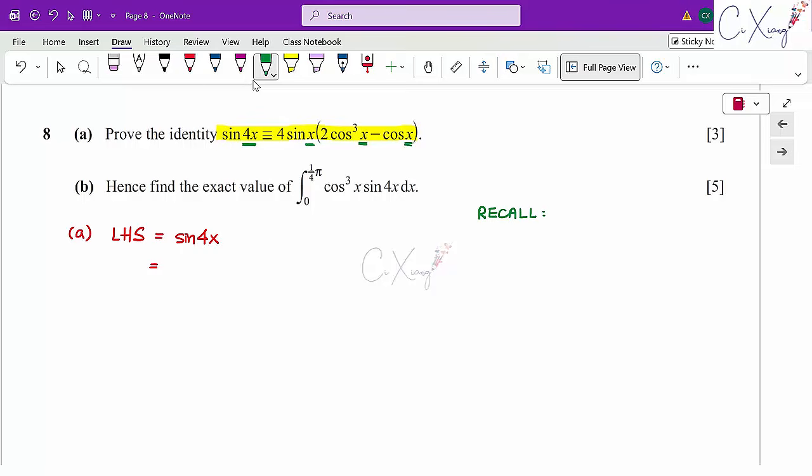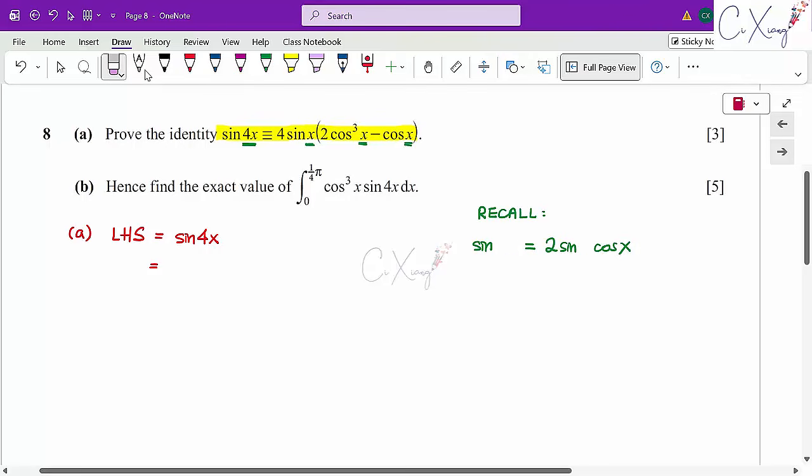Let's recall the identity that we are going to use for this case. We have the double angle for sine 2x. If you want to expand sine 2x, you will get 2 sine x cos x. But in our equation, on the left hand side we have sine 4x, which means for this double angle, we need to change the 2x into 4x, and all the x here we need to make 2x.